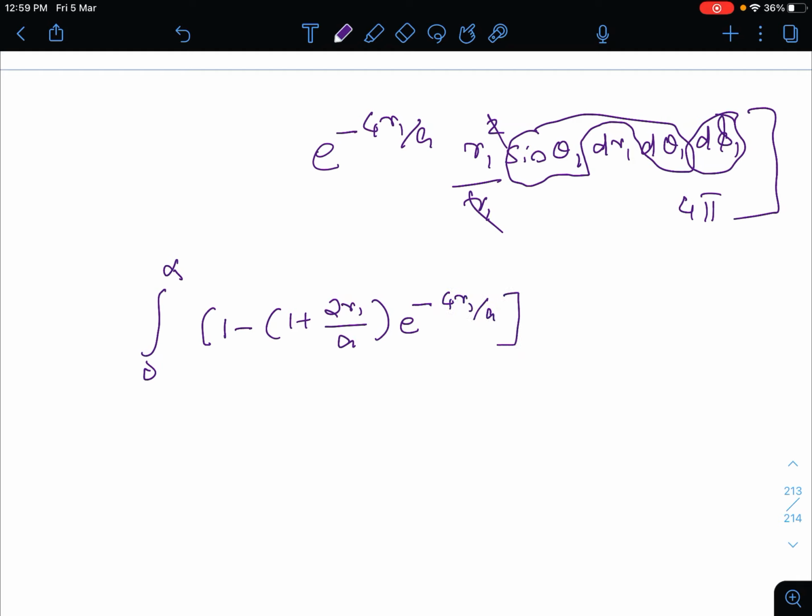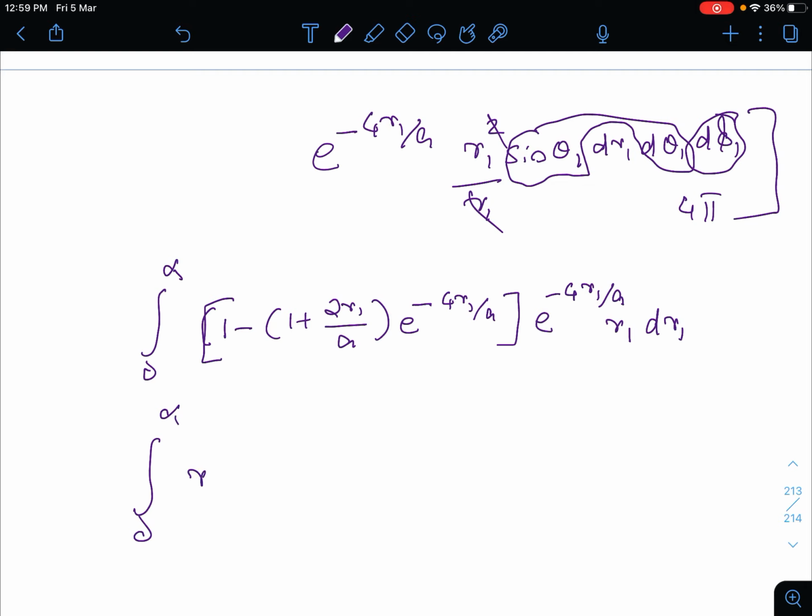It looks big when you see it, but you should never avoid it, because that's a simple integral actually: e raised to minus 4r1 by a r1 dr1. Good. This is the integral. Now I'm multiplying throughout 0 to infinity.